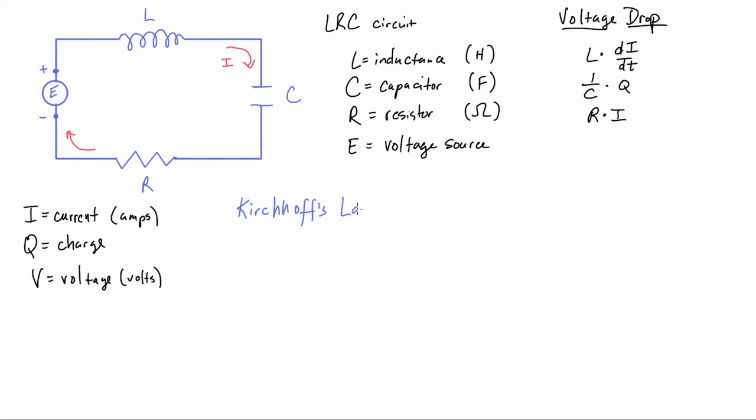So Kirchhoff's law states that the sum of the voltage drops across a closed circuit is equal to the voltage source.